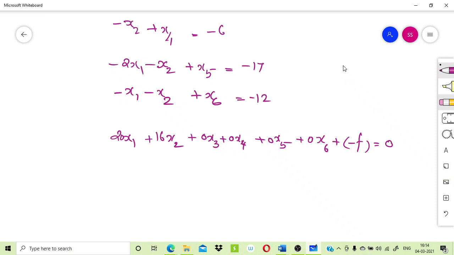So this is our canonical form in the simplex method, right?